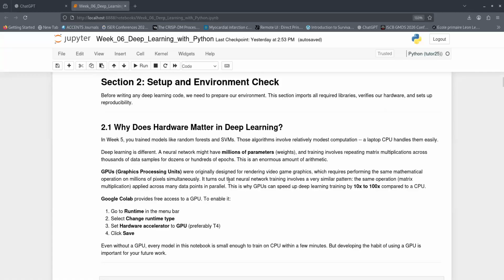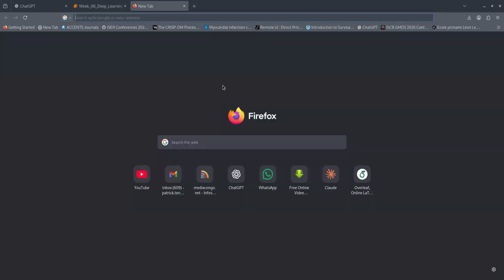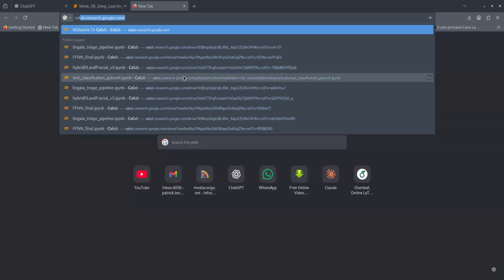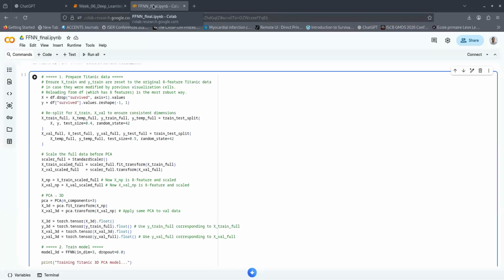For this, maybe the appropriate environment to use is Google Colab, because it provides free access to a GPU. To enable the GPU, you go to Runtime in the menu bar. Let me open my Colab here. This is for those who are using Colab, because I'm not using Colab here.